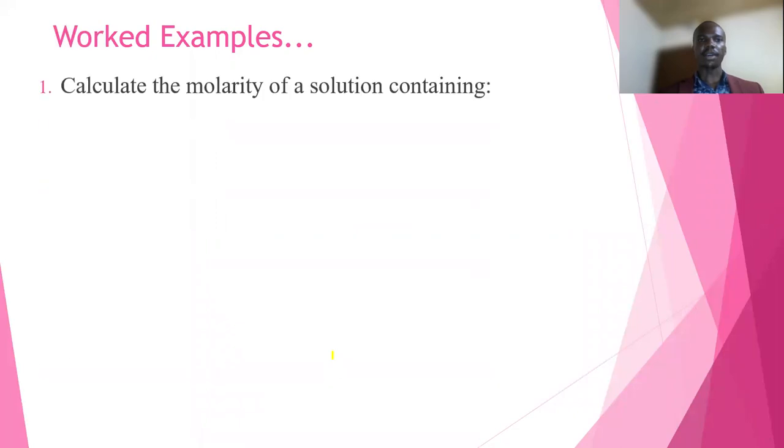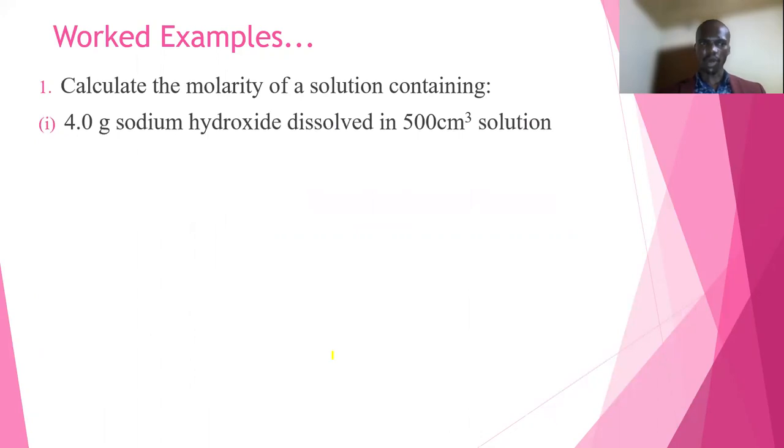Worked example: calculate the molarity of a solution containing 4.0 grams of sodium hydroxide dissolved in 500 cubic centimeters of solution. So we have the volume of the solution, we have the mass, and we want the molarity.